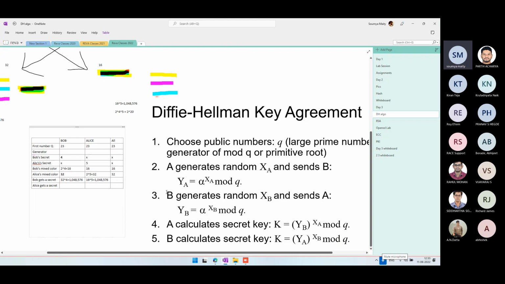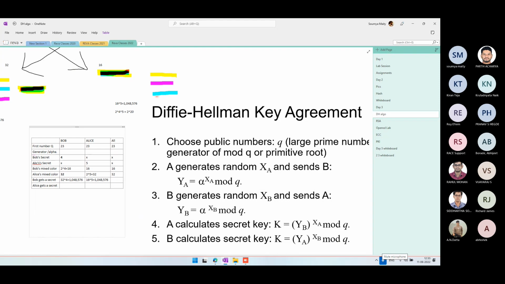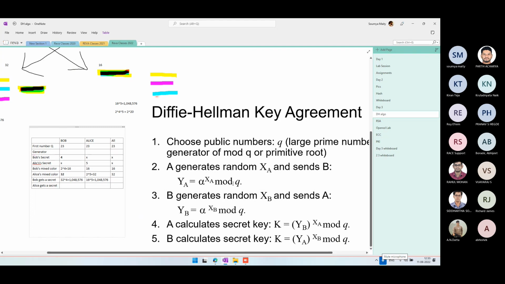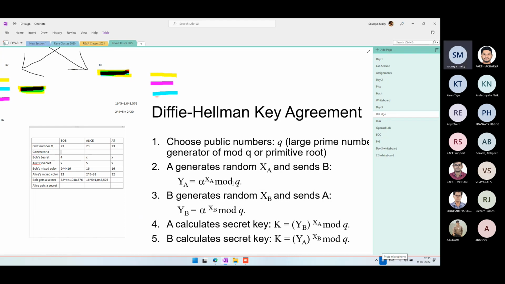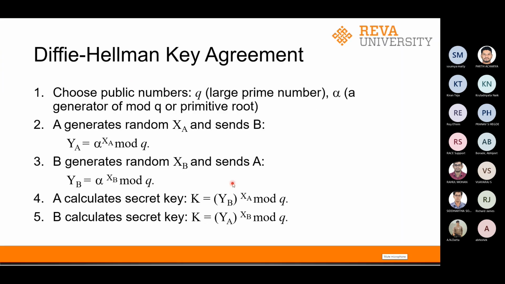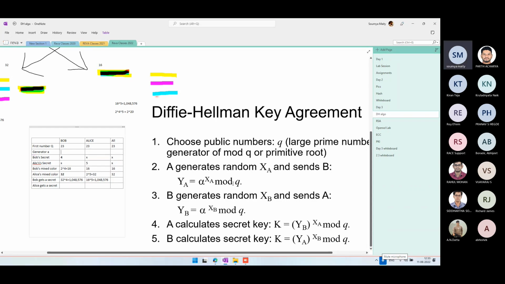This is called alpha. So 5 is a generator of 23. I'm telling what a generator is.